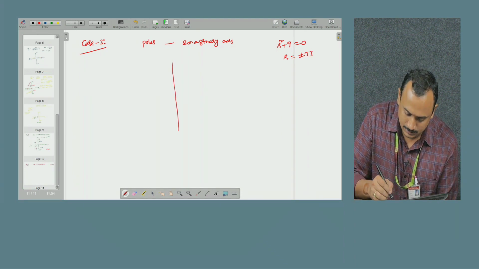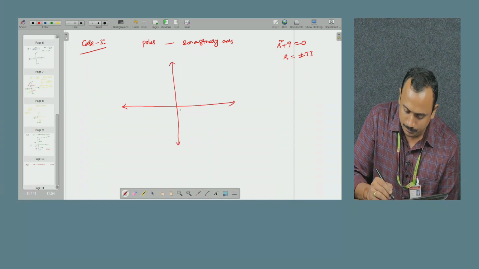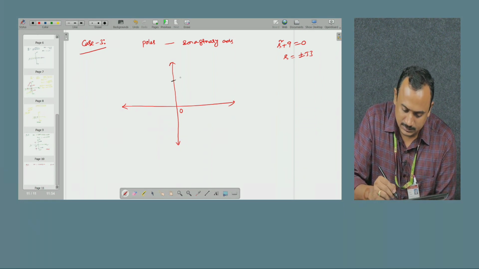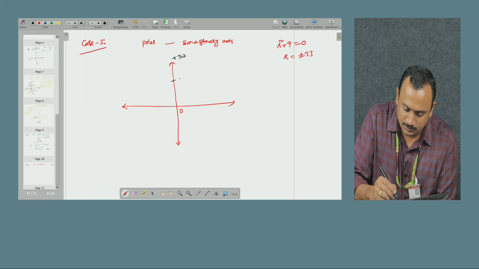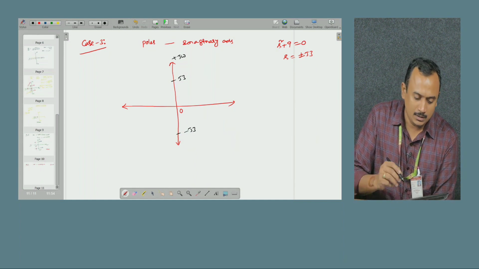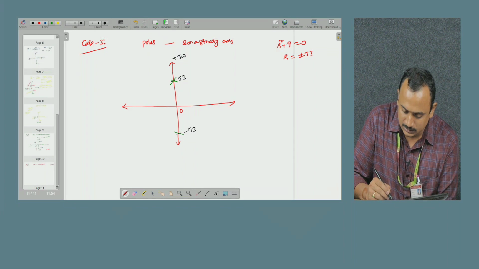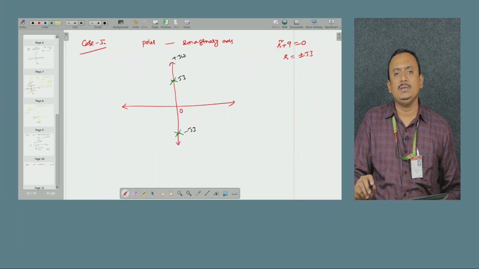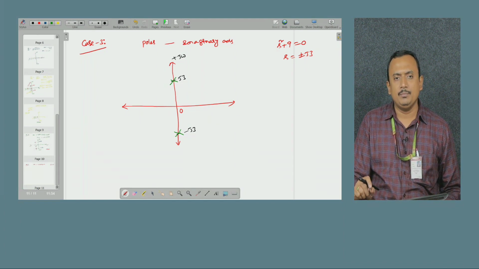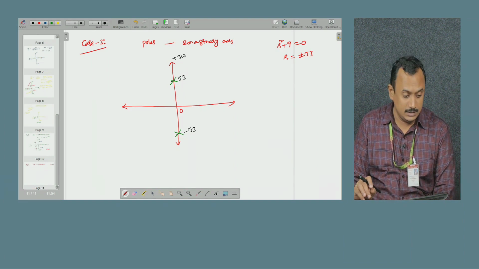That means on the S plane, where is plus j3? Since it is the positive imaginary axis, you have plus j3 and this is minus j3. Now if I represent the poles, this is one pole and this is another pole. Now see, poles are lying on the imaginary axis. If poles are lying on the imaginary axis, then we can say the system is marginally stable.